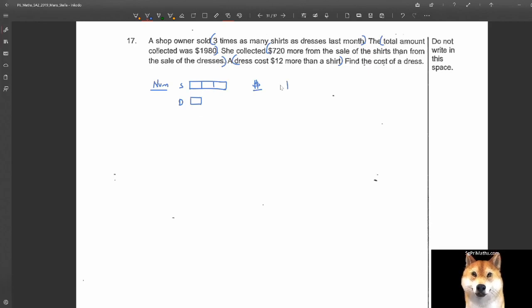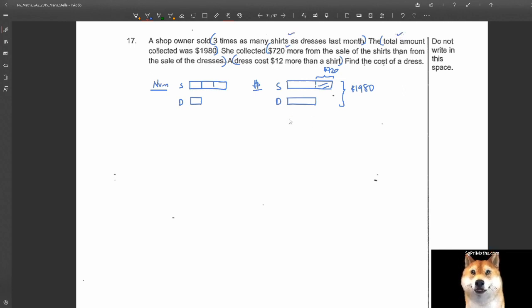The sales of the shirt has more than the dress by $720, which is from here. Then the total amount is $1,980.